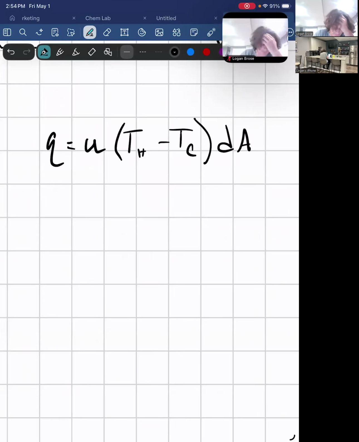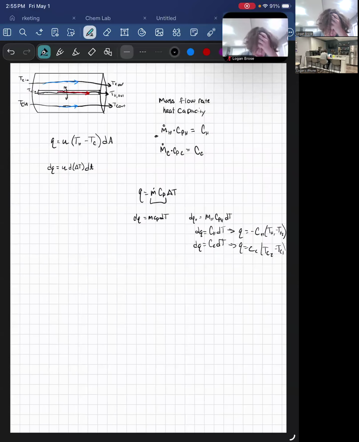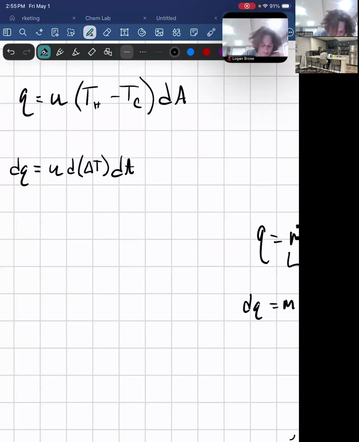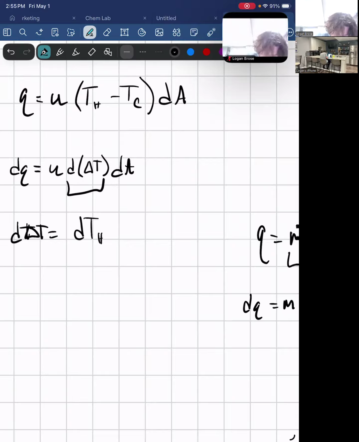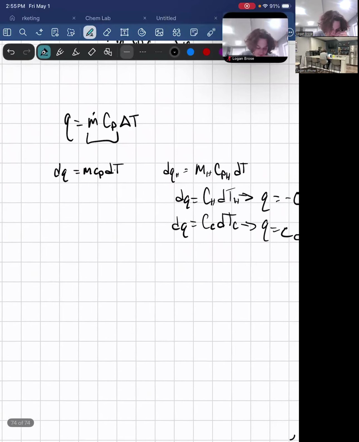If we take this derivative, we get dq equals U d delta T dA. First we want to make sure we specify the change in temperature here. We can rewrite d delta T as dTH minus dTC, and we can figure out what these dTH and dTC are because we have them here.